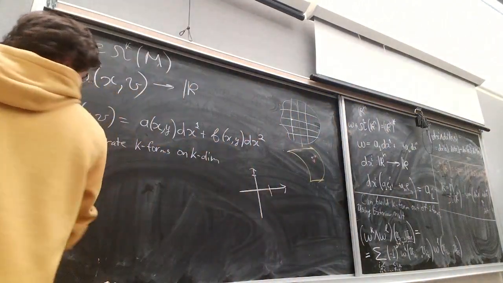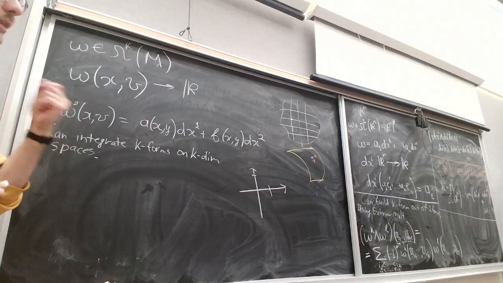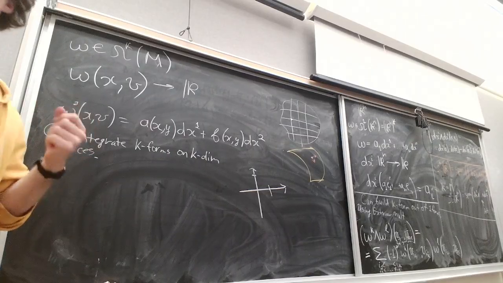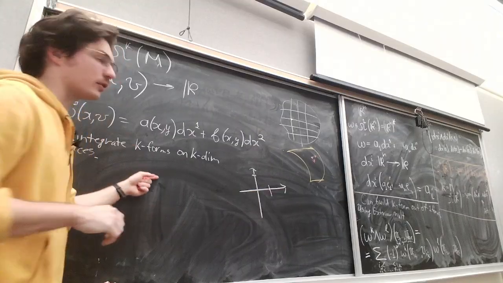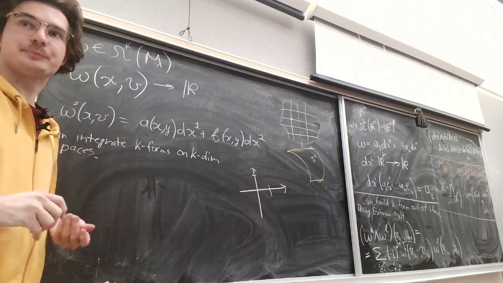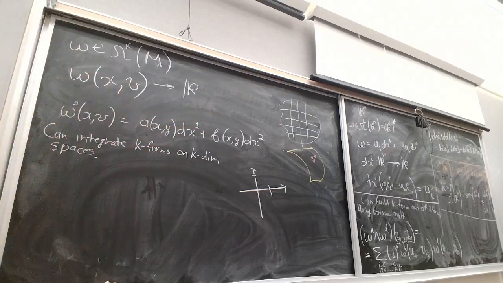Integrate k forms on k-dimensional spaces. And if I have a k form on a k-dimensional space, I know it has to look like what? How does a k form on a k-dimensional space have to look? There's only one kind of distinct one, right?